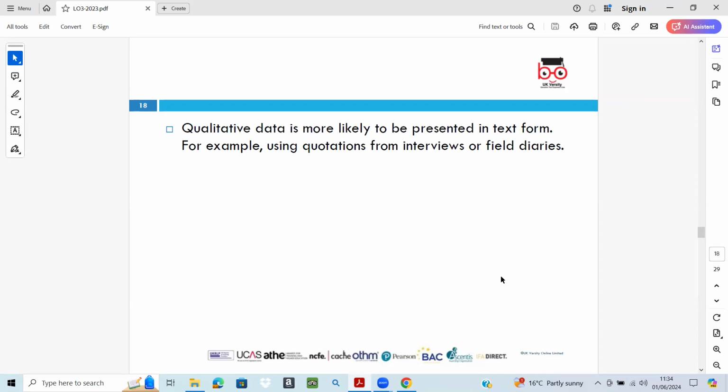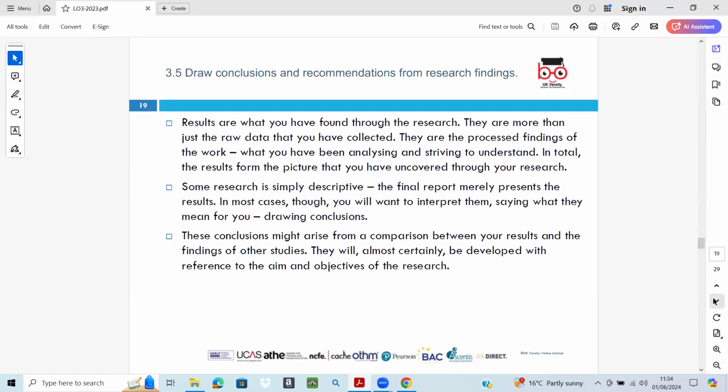For that, use field diaries to provide background information, context, and situational details related to the qualitative data. These all are the important aspects, I believe. Let me move to the next slide.